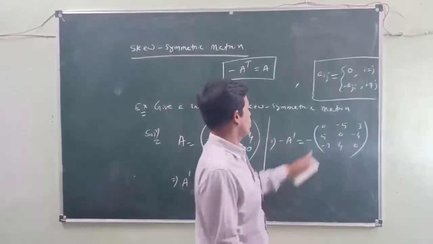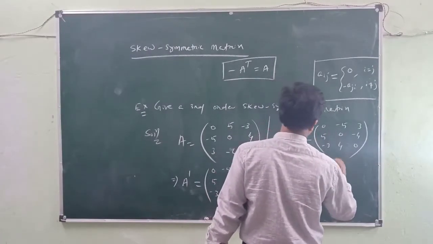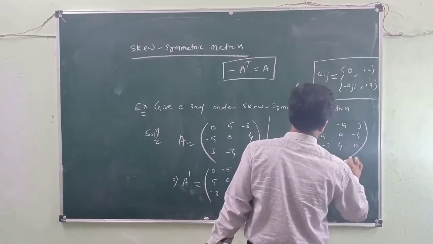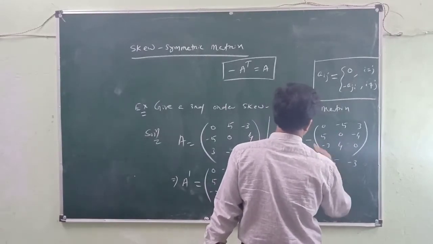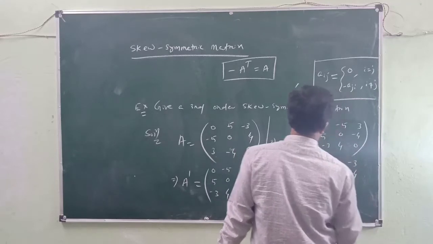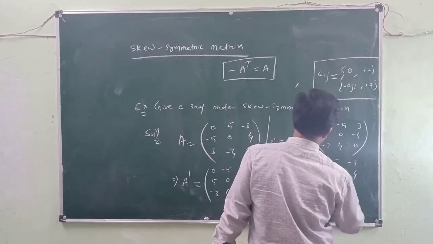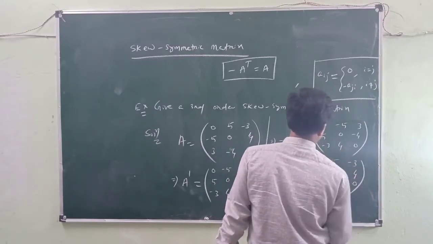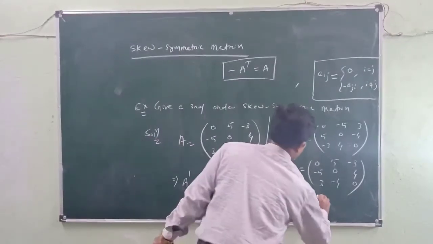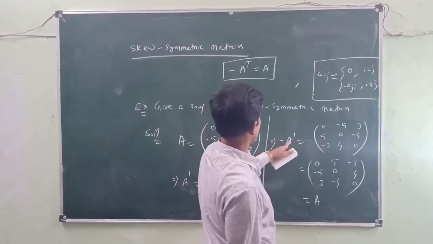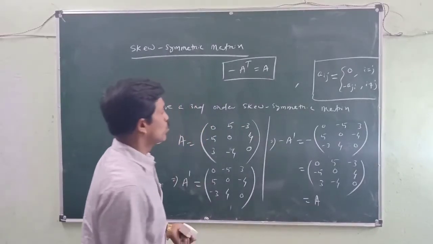So minus 1 into 0 is 0, minus 1 into 5 is minus 5, minus 1 into 3 is minus 3, and so on, giving the matrix A again. Now look, the value is equal to A. Since minus A transpose equals A, A is a skew symmetric matrix.